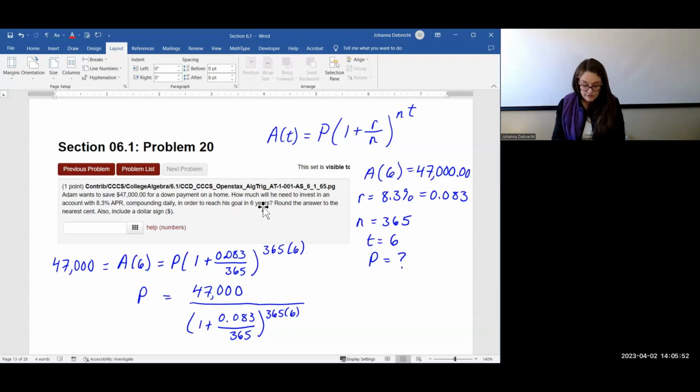Now, what do I need to do first? Well, before I can do the outside division, I need to figure out what 365 times 6 is. And that's going to be the power on 1 plus 0.083 divided by 365. So I'm going to start on the inside with my 1 plus 0.083 divided by 365.